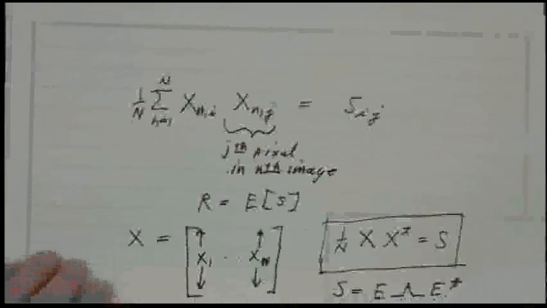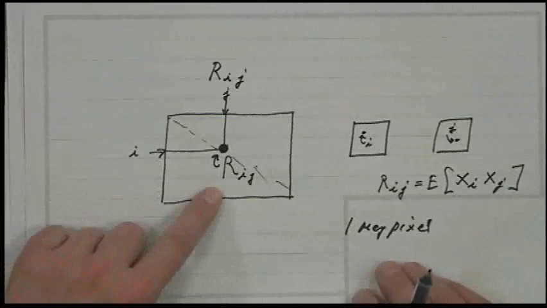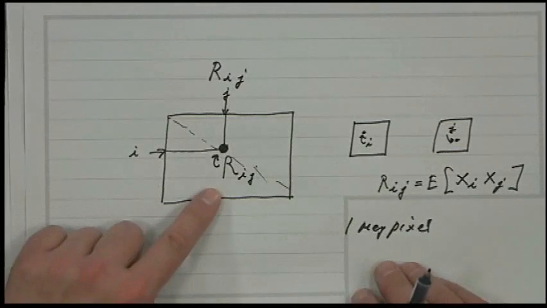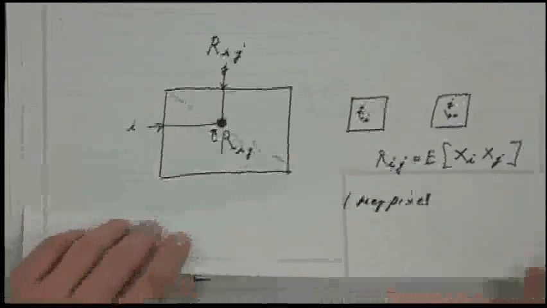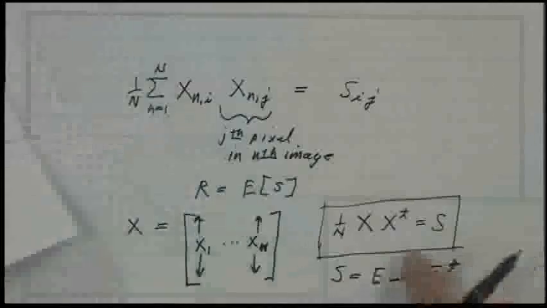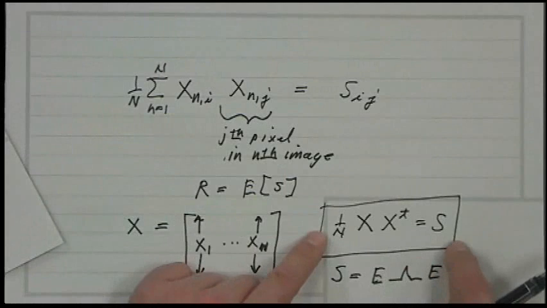Well, first of all, let me just review. This matrix R is huge. So you don't really ever want to have to compute it. You could compute it in principle, but you don't. See, in signal processing, you often write equations down without ever having the intention of actually evaluating them.